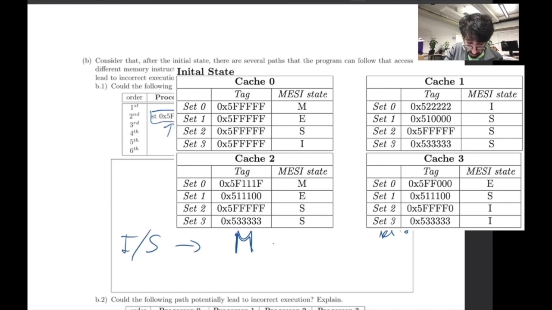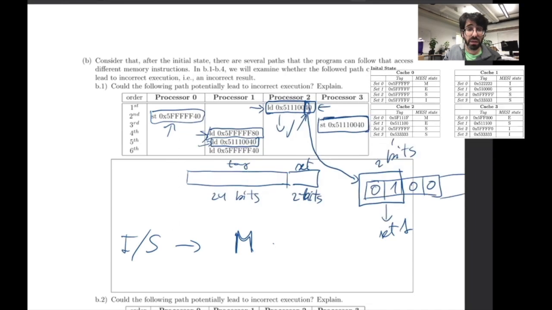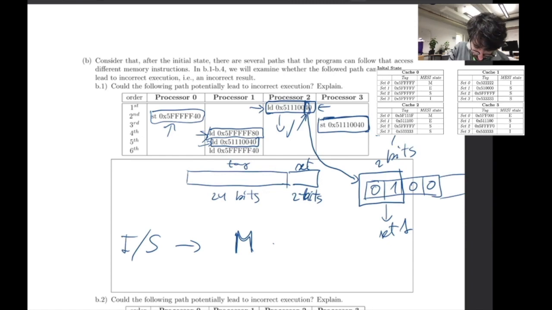So now we are reading here, and everything should be okay, because the cache state is consistent now. And the last instruction is an address that is not a conflicting address.